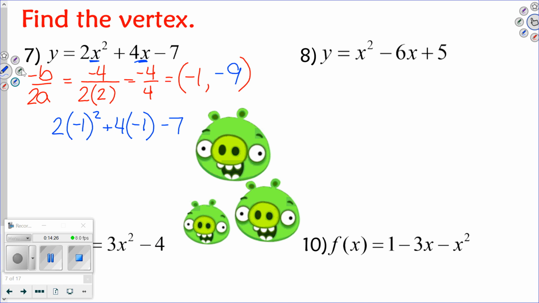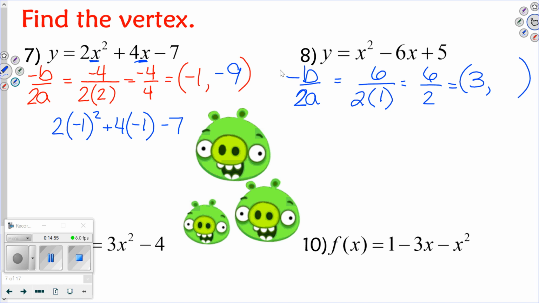Is that the highest point or the lowest point? It's the lowest, because it's going to point up. All right, how about you guys try number 8 on your own? All right, so first thing, negative b over 2a. So negative b, I'm going to make that a positive 6 over 2 times my a value, which is 1. So 6 over 2, which is just 3.